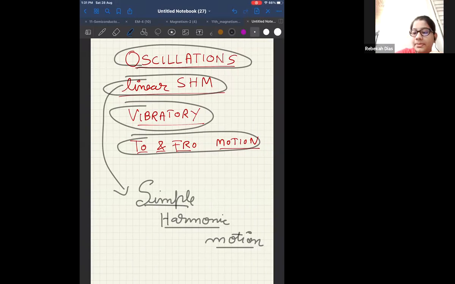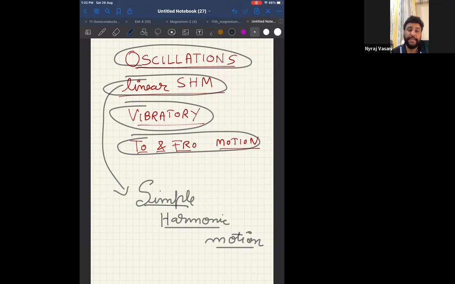Sir, can you please explain the periodic motion again? Because I can't understand the difference between them. There is no difference. Oscillatory motion is a type of periodic motion. Under periodic motion, you have many examples like circular motion, rotational motion, oscillatory motion. So oscillatory motion is a type of periodic motion itself.